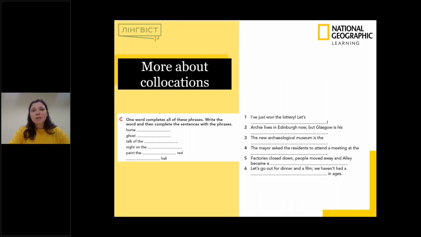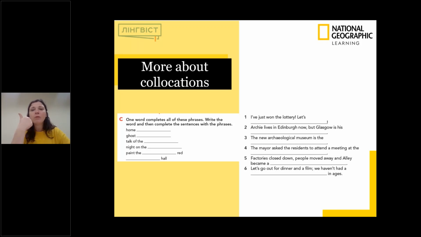Now, more about collocations, some other ideas. Again, it's great when we have one word and we add some interesting expressions. Here we have another exercise, totally different. It's not the exam task, but an exam preparation task.